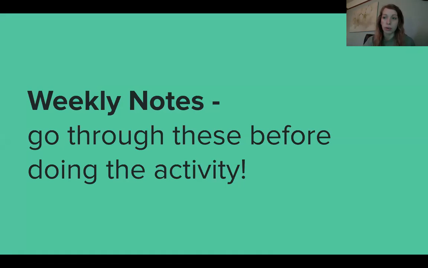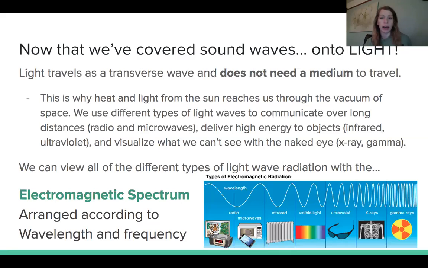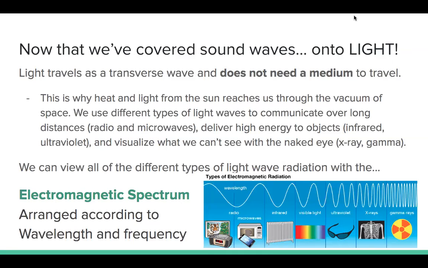So now we're getting into our weekly notes. So like I said, we have finished up with our sound waves, and we are now getting into light. I'm going to close my face for a little bit. So a couple of things that we can kind of review for this. We've talked about sound waves, which are longitudinal or compressional, meaning that it's the compressions of particles that is causing it to travel.